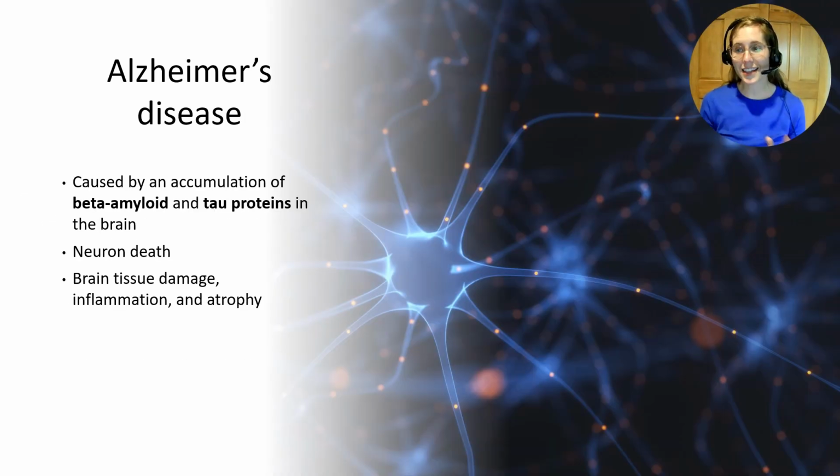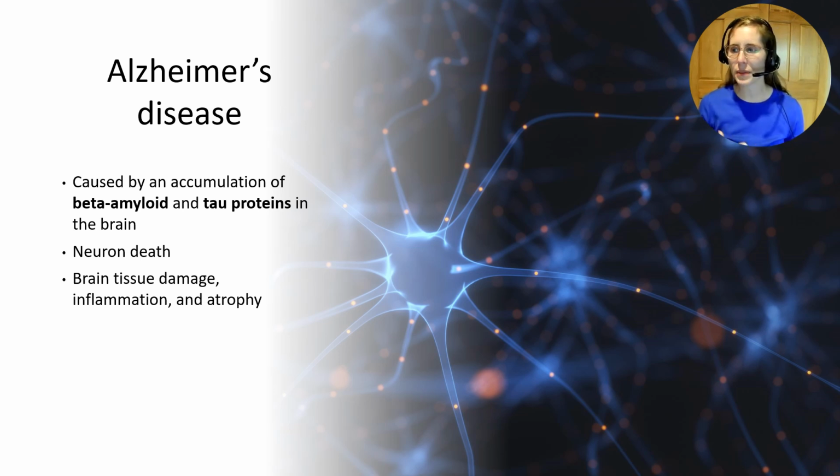Now, this is not a talk about Alzheimer's dementia or Alzheimer's disease specifically, meaning not a talk about the cause of Alzheimer's disease, but I need to make a special shout out about Alzheimer's biomarkers because I will be referencing them multiple times throughout this presentation. So Alzheimer's disease, just in brief, is caused by an accumulation of a couple of proteins, beta amyloid and tau, in the brain.